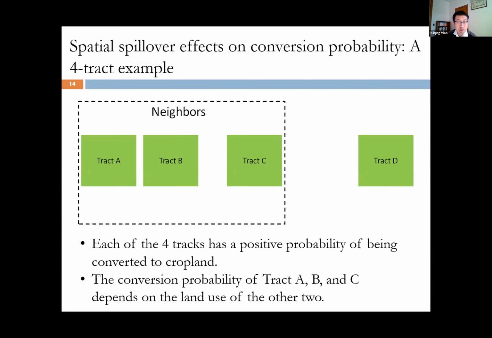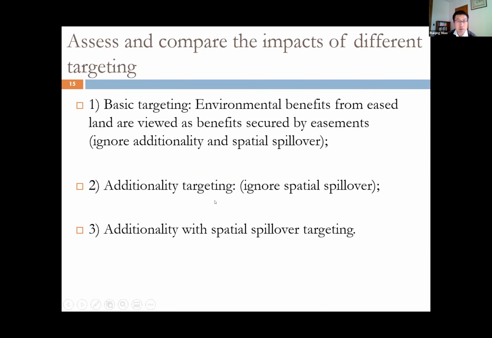So again, using the 4-tract example, we put some purely hypothetical numbers on these 4 tracts, and their environmental benefit, their conversion probability conditional on the status of other land tracts, and so on. And we consider 3 benefit targeting mechanisms.